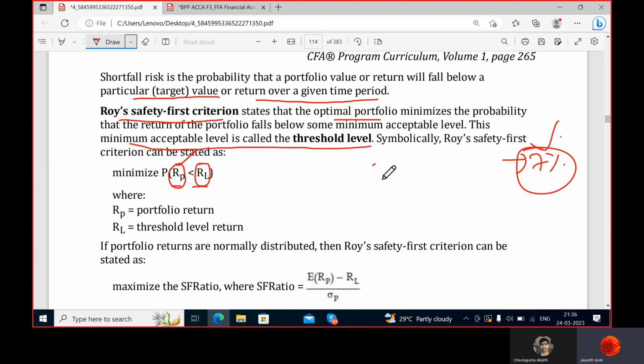That means if you have an acceptable level of this and your portfolio is getting 5, which is less than this, there may be some chance of shortfall that has to be minimized as per Roy's safety first criterion, correct? We'll move forward.